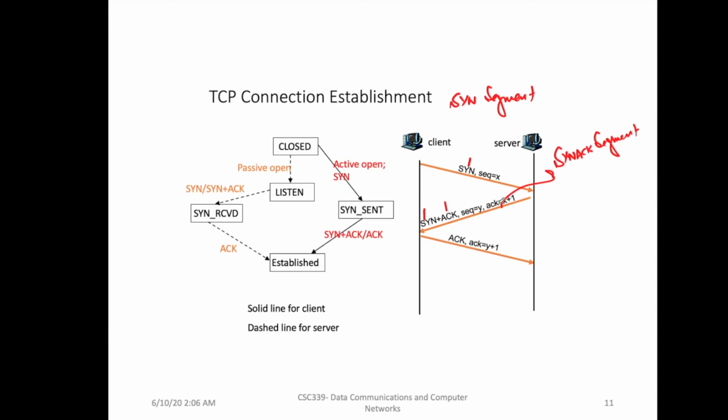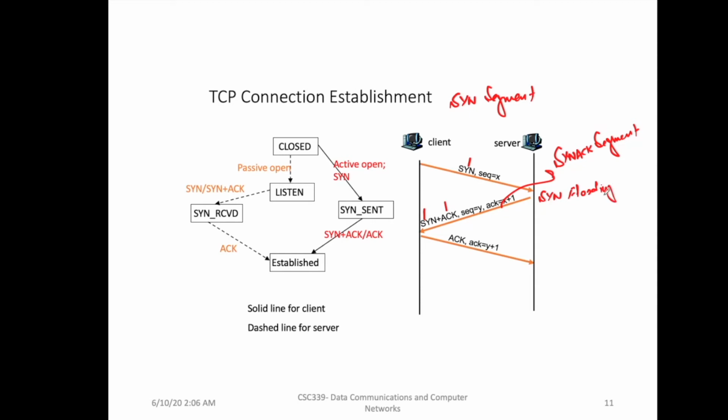And here again, the server selects the initial sequence number randomly, and here is the problem. This is why we can have a SYN flood attack. This is the cause of the SYN flooding attack.